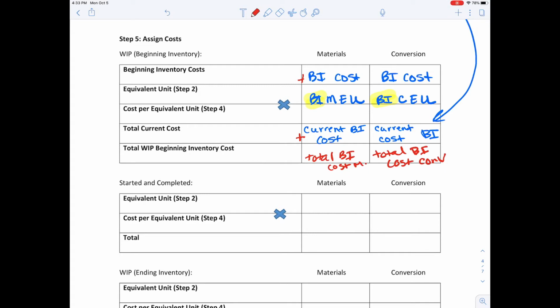We're going to do basically the same thing now for started and completed. We'll find that started and completed number from step 2. Again, these numbers are going to be the same, and my cost per equivalent unit is going to be the same. We'll just multiply that out to find that total.